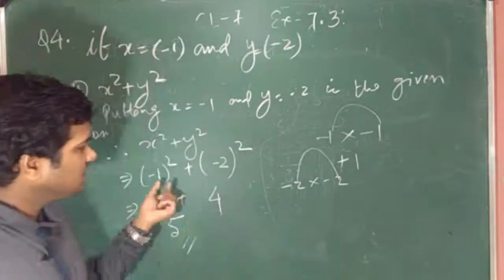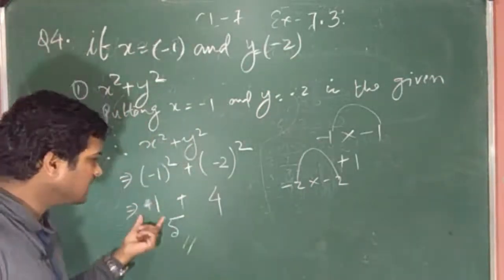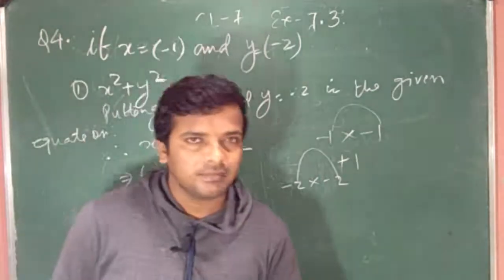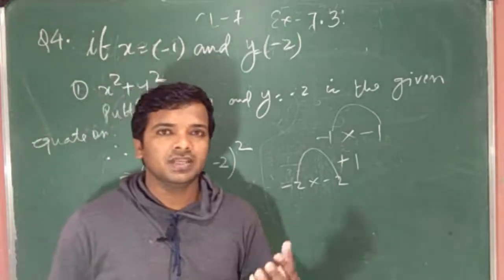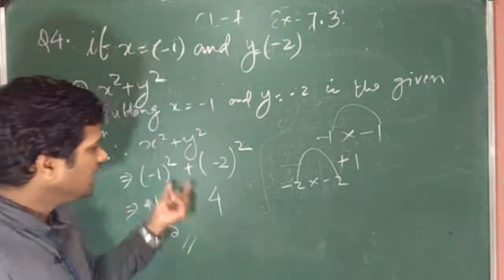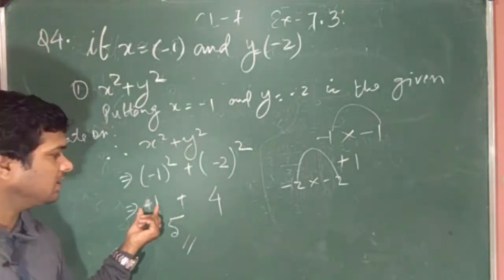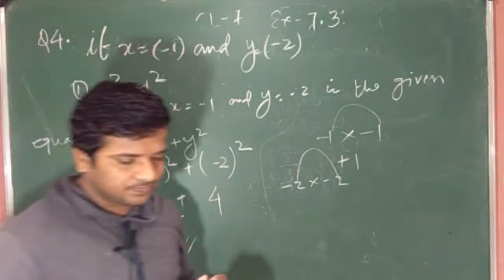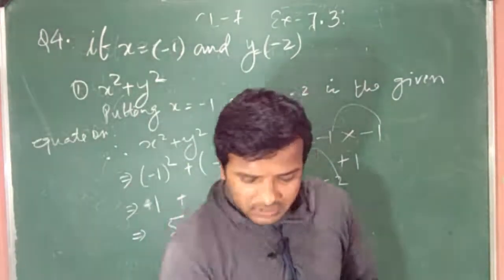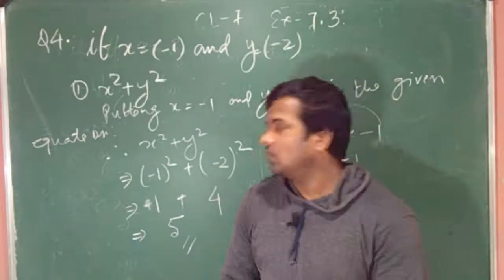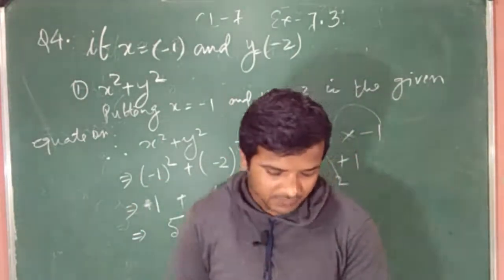Just keep in mind that if the power is even, from the next line there is no use of that minus. But if the power is odd, like 3, 5, 7 and 9, that means the minus will be repeated to the next line also. Okay, so these are the basic rules when we remove the brackets.